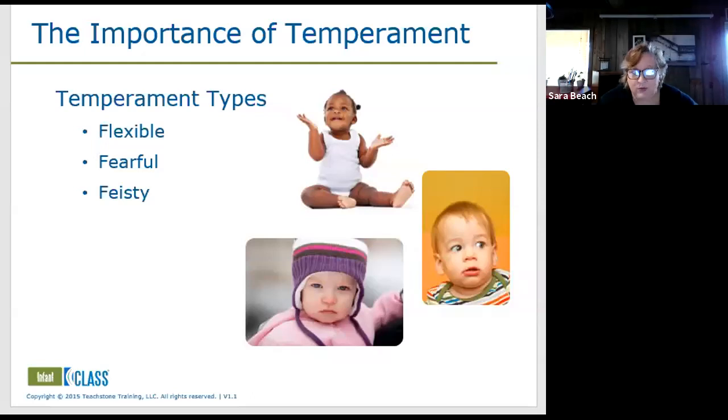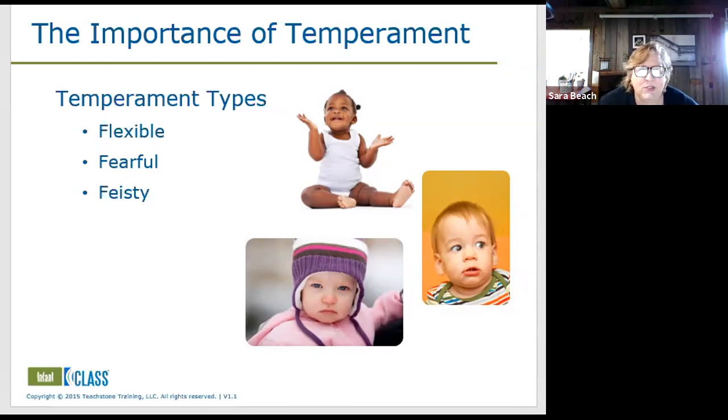This tool will do that. I mentioned earlier that it's set up in dimensions. And so most of the things we were just talking about were relationship behaviors, but some of them were specific to attunement and sensitivity, and being sensitive to the baby's cues. So where do those cues come from?